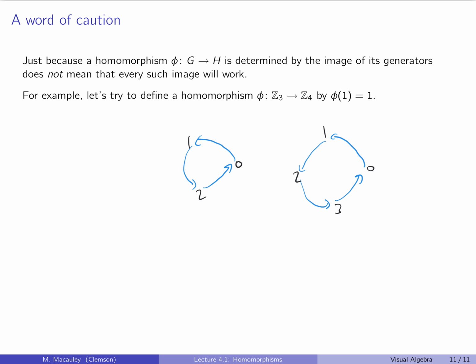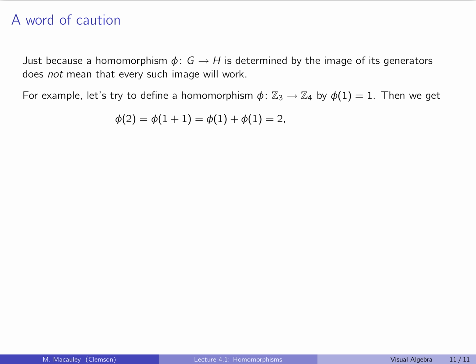So let's formalize this algebraically. Phi of 2 will be phi of 1 plus 1, or phi of 1 plus phi of 1, which is 2. But phi of 0 will be phi of 1 plus 1 plus 1, because this is equal to 0 in Z3.